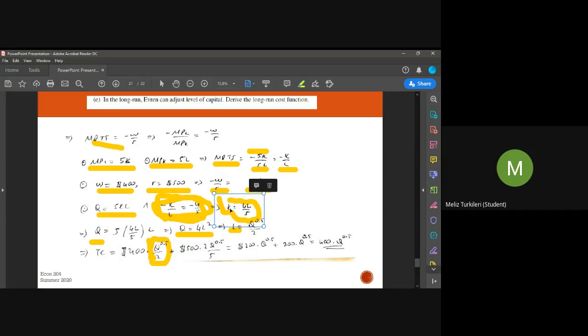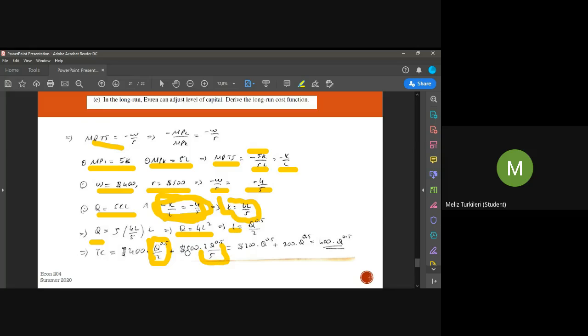And then you can take the representation of K as a function of quantity, which is equal to this amount. And you also know that this part is for the L and this part is for the K. Just plug this amount into the L in this part and then find K as a representation of quantity, and then plug this quantity function into this part rather than K. Okay, that's all.